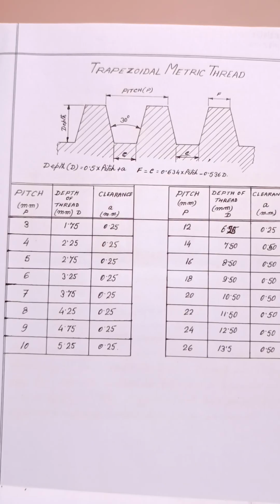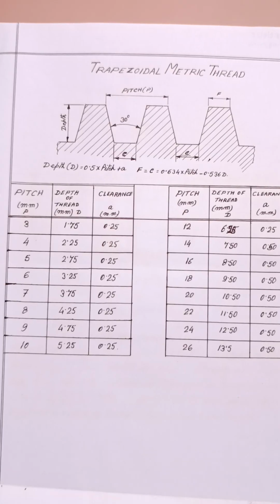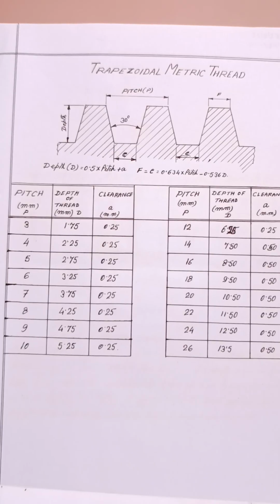And we give the depth also less than calculated, 0.1 or 0.2 or 0.3 millimeter less, and then we finish the ACME thread with a finishing tool, maintaining the 30-degree angle.